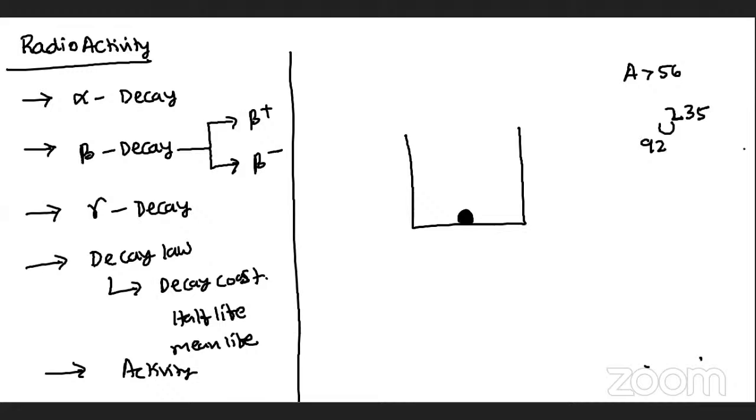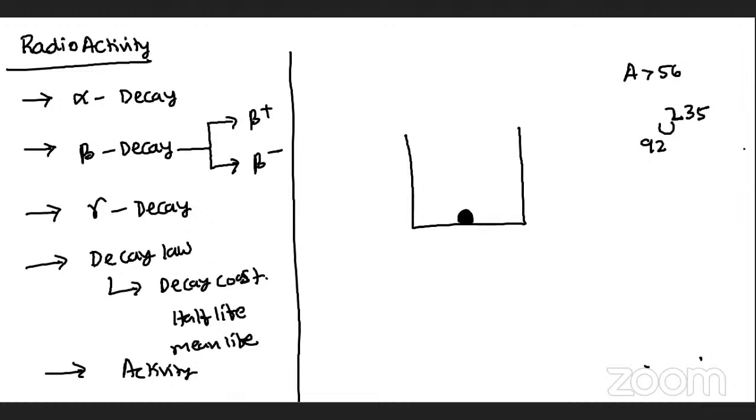Whenever the electron is in a higher state, after some time, with the loss of energy, it will come to the ground state. With or without the supply of energy, the electron will come to the ground state.